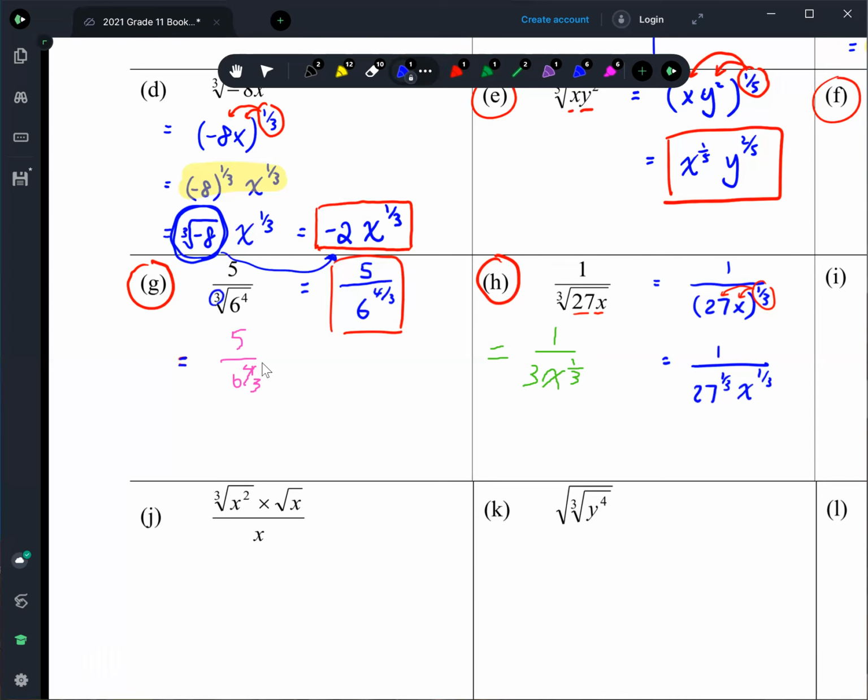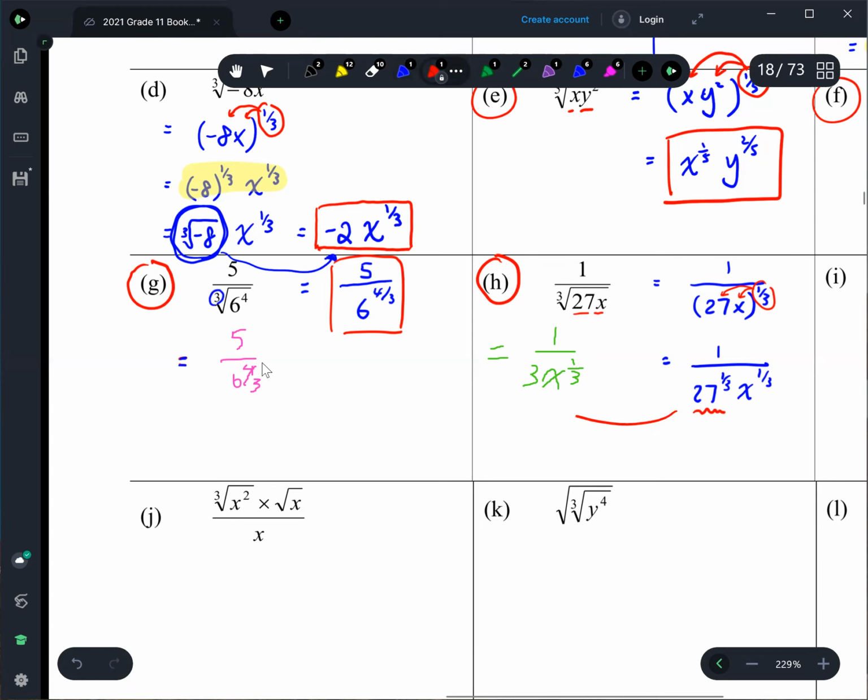Now for the 27, it's possible to find the answer, to simplify. The 27 to the 1/3 is the cube root of 27, you can turn it into 3. So you get 1/3 x to the 1/3. So you would box that as your answer.